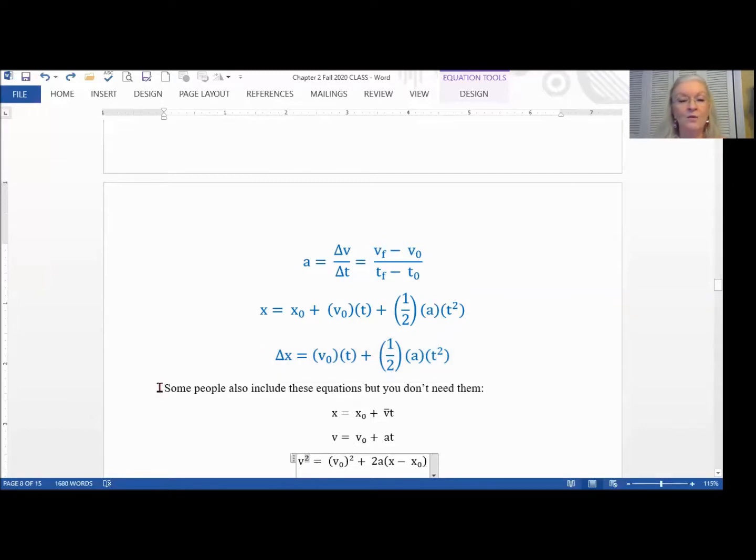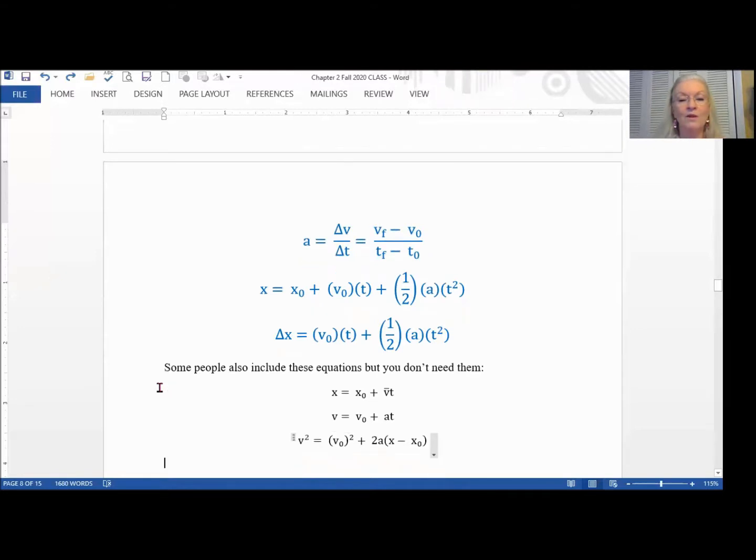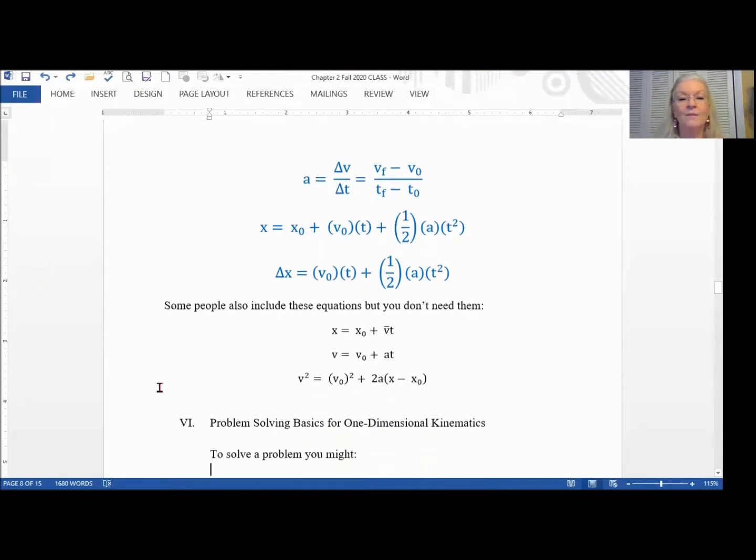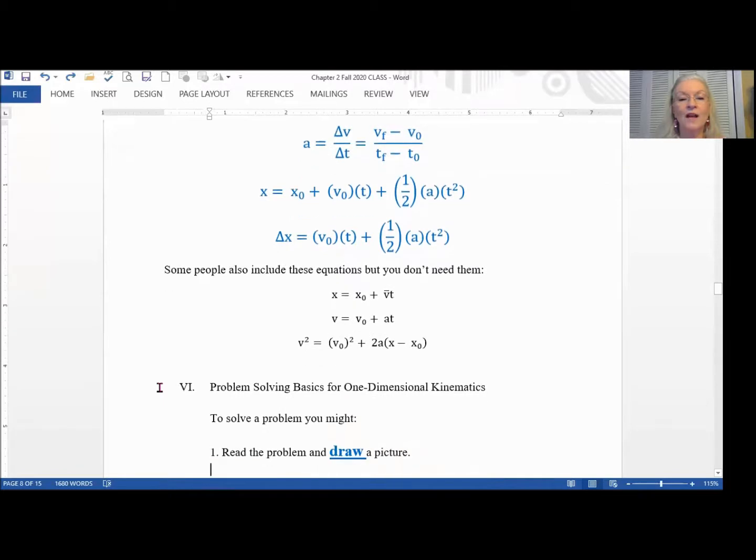There are other equations. Some people also look at these equations. You have x equals x0 plus v bar times t. That's just a variation of the v bar equation. If you go back and look at it, it's just been rearranged. Some people like v equals v0 plus at. That's again just a variation of the acceleration equation. They just left out the subscript f on the v and the x.